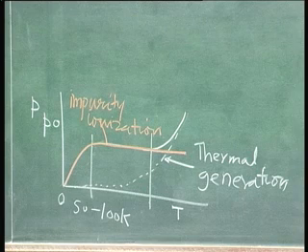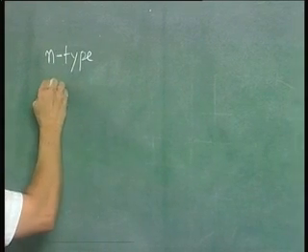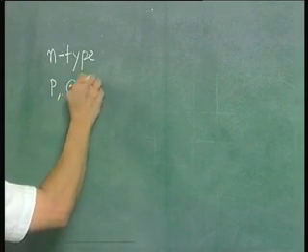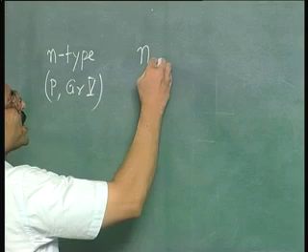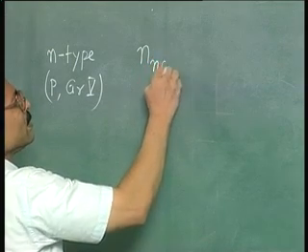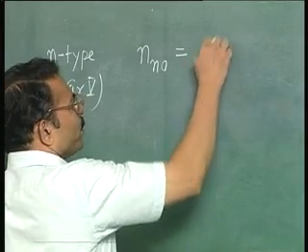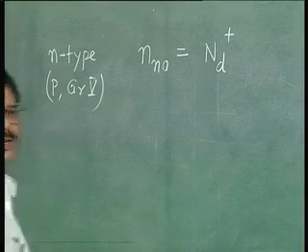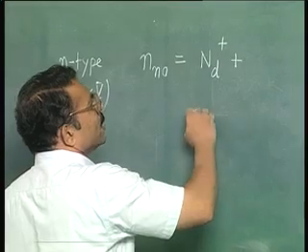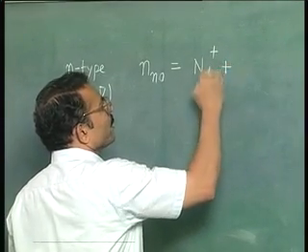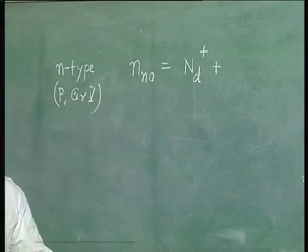So if you take an n-type semiconductor, example is phosphorus or a group 5 impurity. Your equation is the electron concentration in an n-type semiconductor is equal to the ionized impurity concentration, that is the electrons contributed by ionized impurities, ionized phosphorus or donor atoms, plus the electrons contributed by thermal generation process.